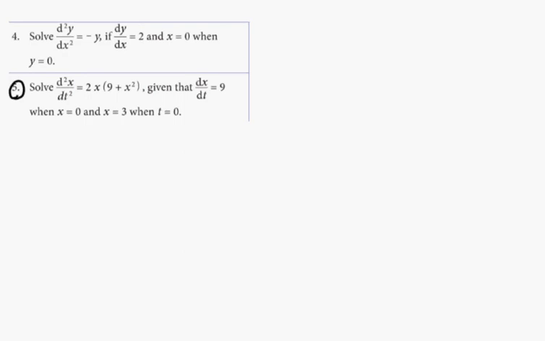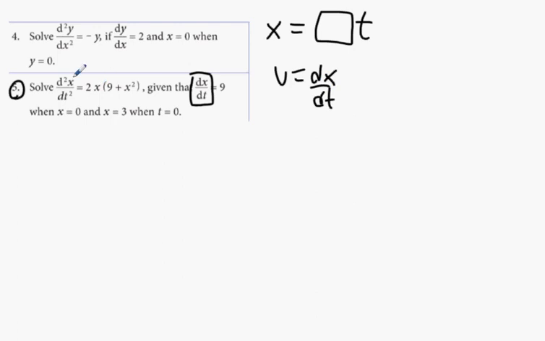Now, solve this equation. I will not be happy until x has an equation with some form of t on the other side. Alright, start off and I go, oh, this one here, that's always going to be v. Phi equals dx dt. Therefore, the second derivative of it is dv dt.